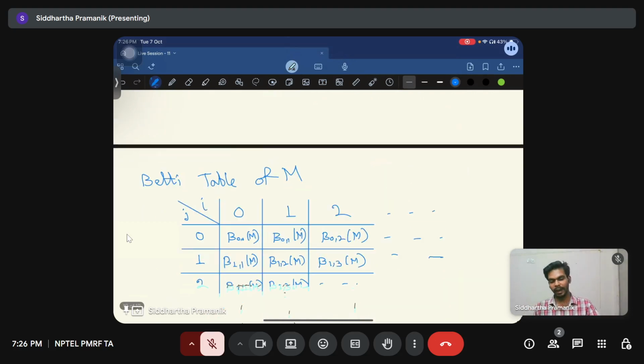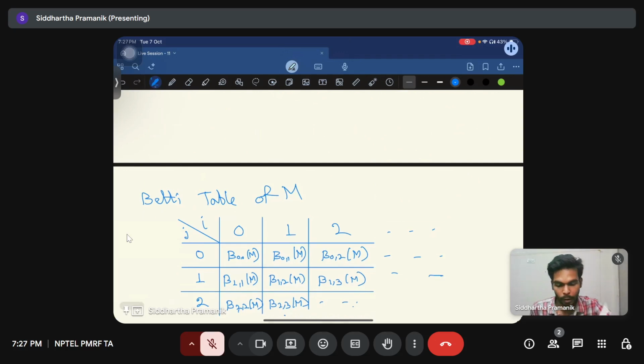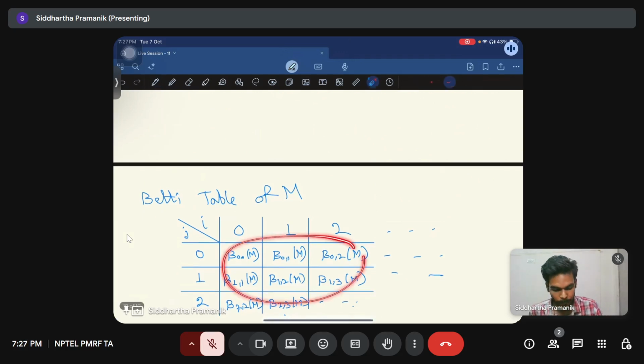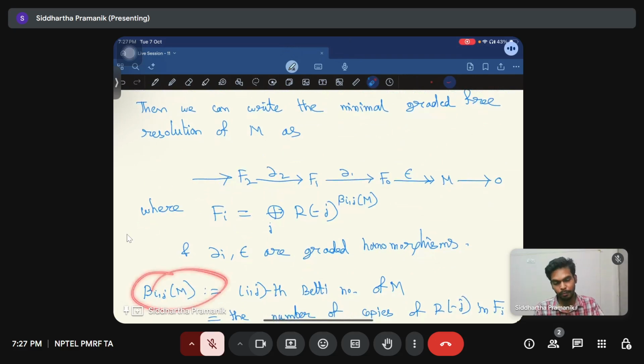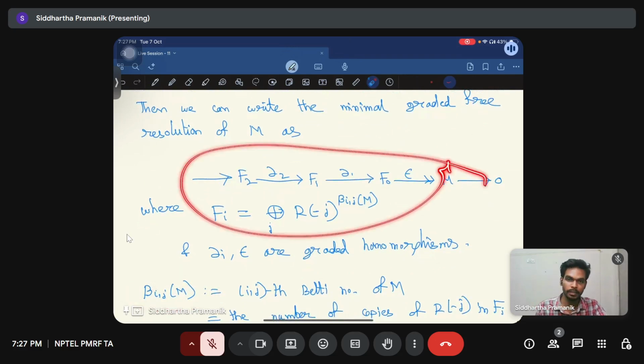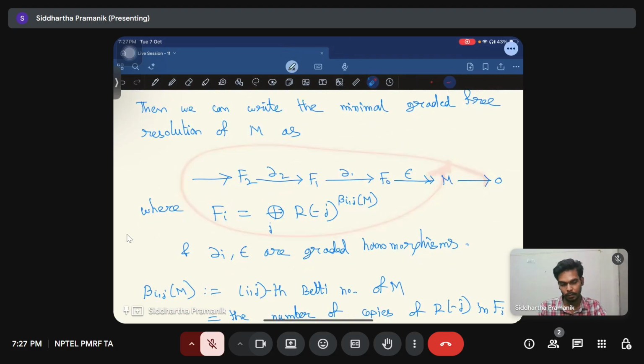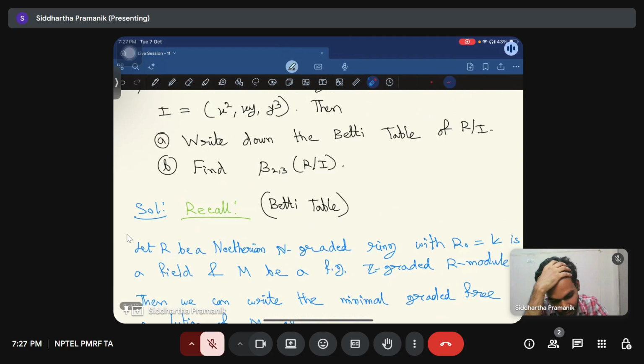So to write down this Betti table, we need to find all these graded Betti numbers of M. And to find these graded Betti numbers, we need to find this minimal graded resolution of M. So we have to do it for R mod I here.